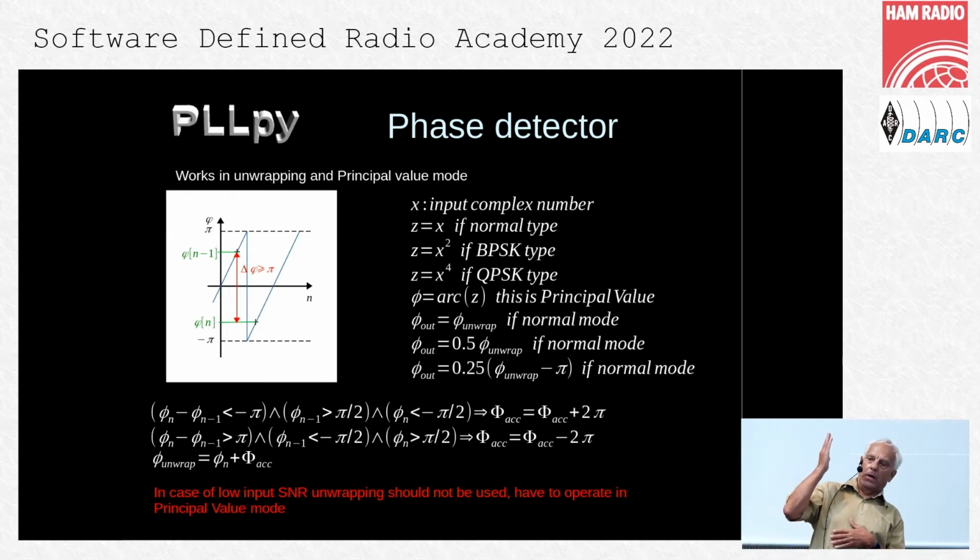But if it gets a series of input vectors, actually a rotating vector, it can detect when there is a phase wrapping at pi or -pi, and use a phase accumulator, which at wrapping adds 2pi or subtracts 2pi from this accumulator, and that's why it can output the real phase.